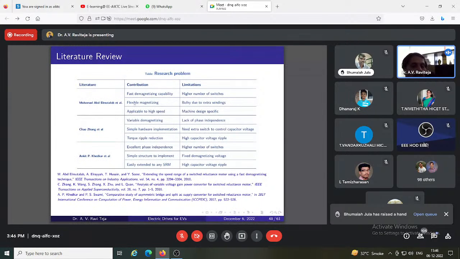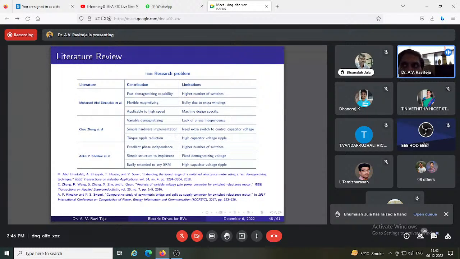There are several converters proposed in literature having limitations, like they use a huge number of switches, they use extra windings as well. They are specific for one type of SRM only, which is not generalized, and then they lack phase independence, because in SRM all phases can conventionally be independently controlled.